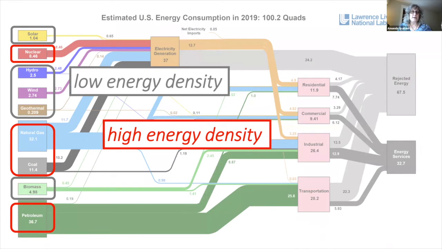And here, back again to the Sankey diagram, you see that the sources that are outlined in gray are, relatively speaking, low energy density sources of energy, as opposed to the ones that are highlighted in red, which are high density sources. Being high density, in some cases, makes them really easy to transport, right? And easy to manage in ways that can be much more challenging for fuels that are less energy dense.